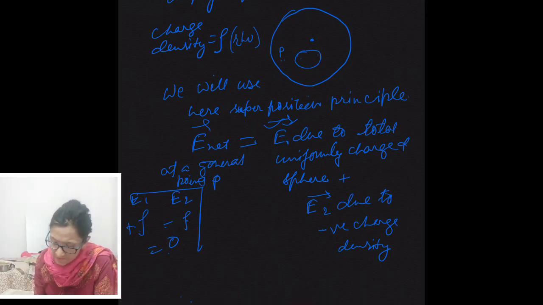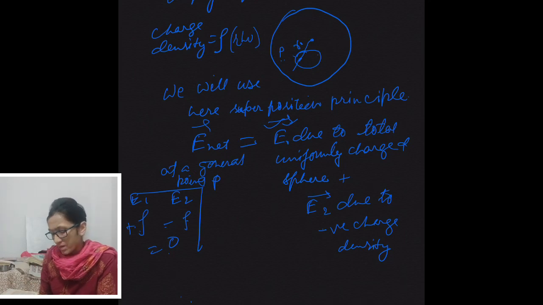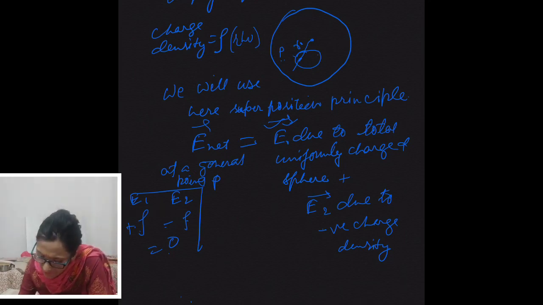This is along a particular direction, so let me clear the inside of this sphere. Let me draw a clear sphere, and we have a point P here. The electric field in the first case will be directed along this side, and suppose its distance is R1.